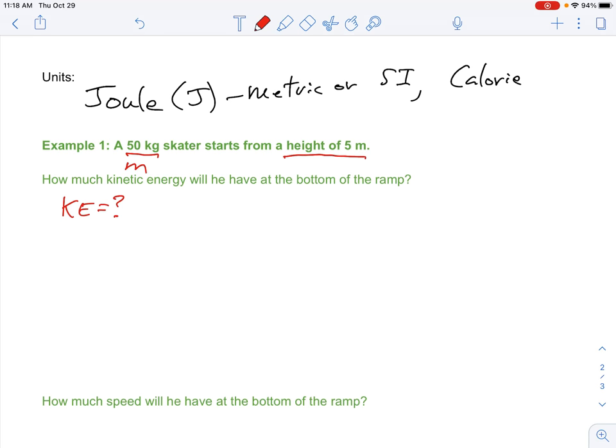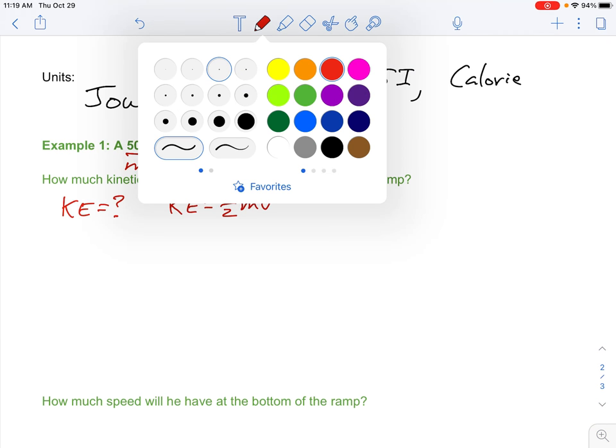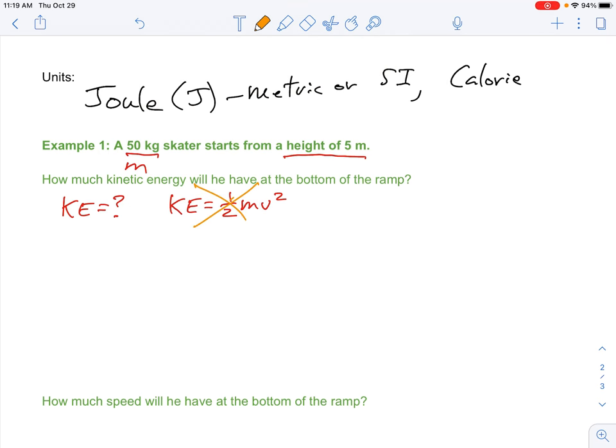And we do know that there's an equation for kinetic energy which says kinetic energy equals 1/2 times mass times velocity squared. We do know his mass. We don't know his speed. And because of this, we cannot use this approach. It's not going to work because we don't know v.